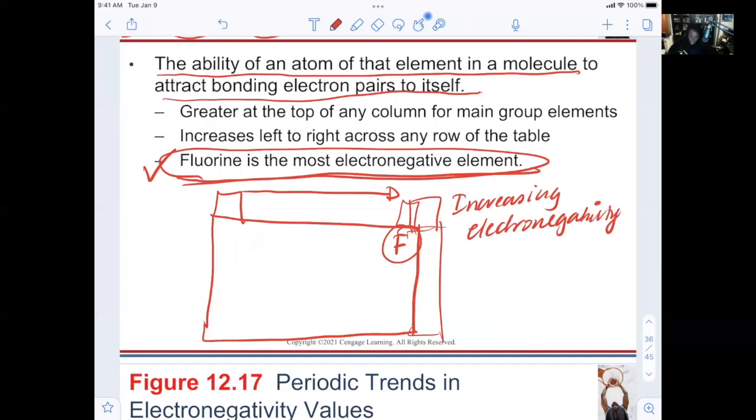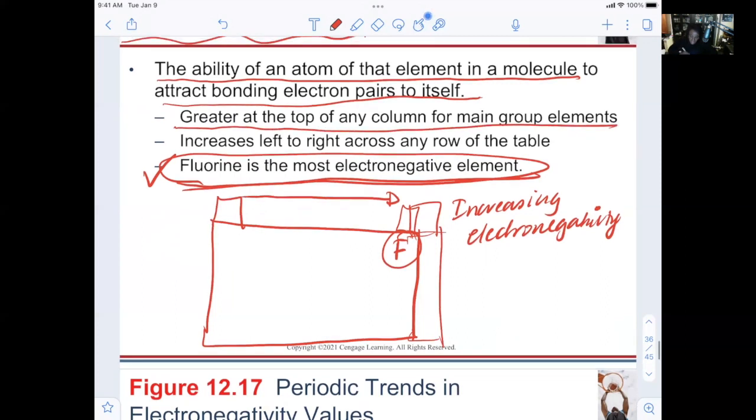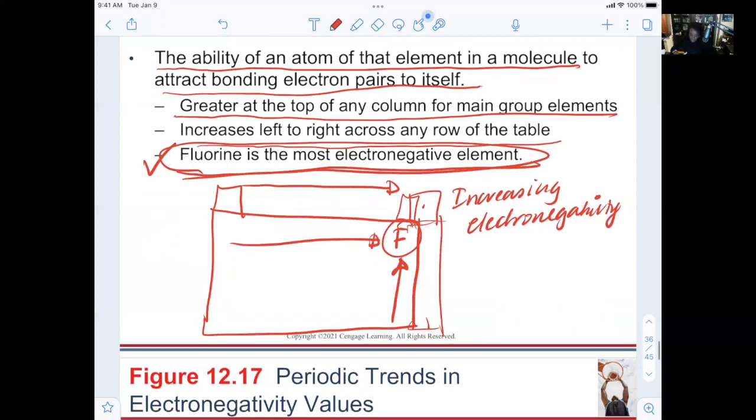Electronegativity is greater at the top of any column for main group elements, and electronegativity increases from left to right across any row of the table. So if you're going from top to bottom towards fluorine, electronegativity increases. If you're going towards fluorine from left to right, it also increases, right? As long as you're going towards fluorine, it gets bigger, okay?